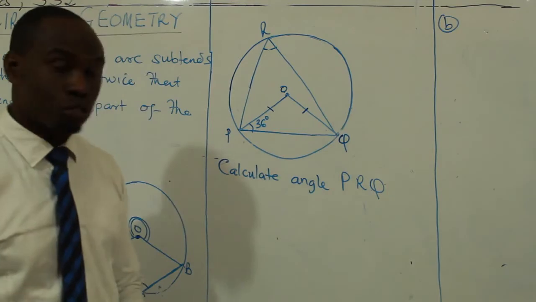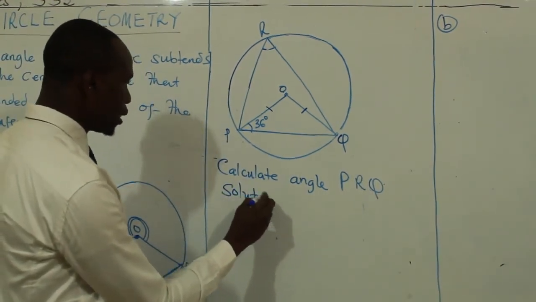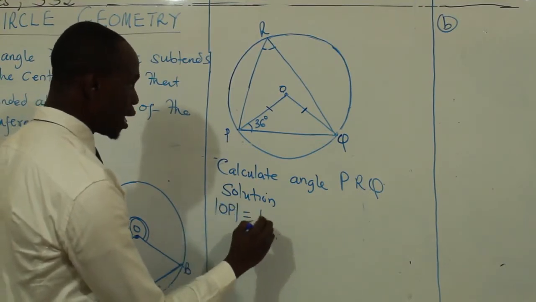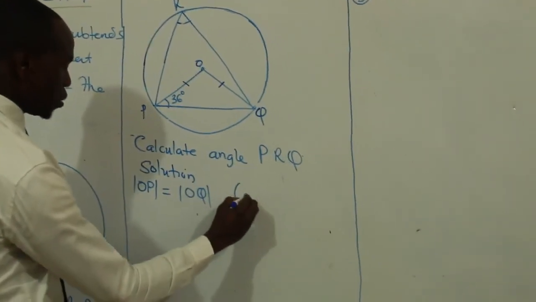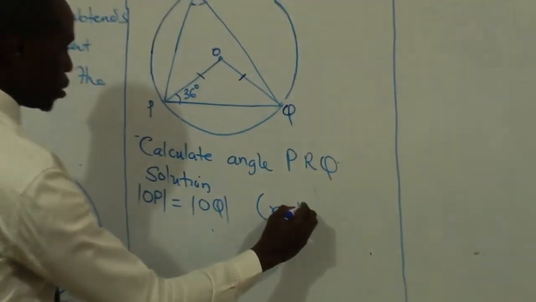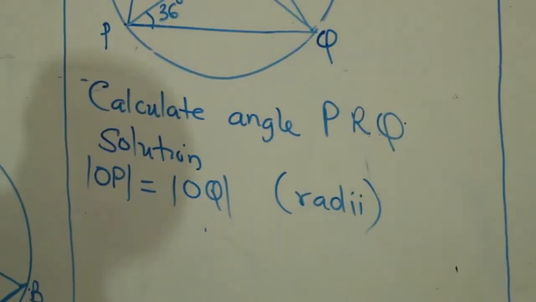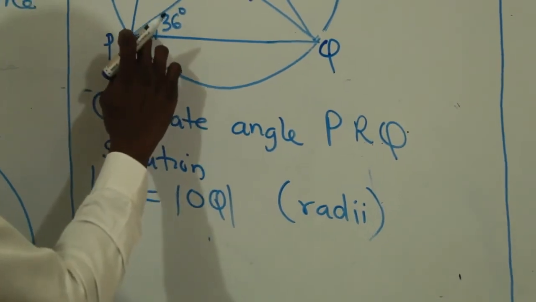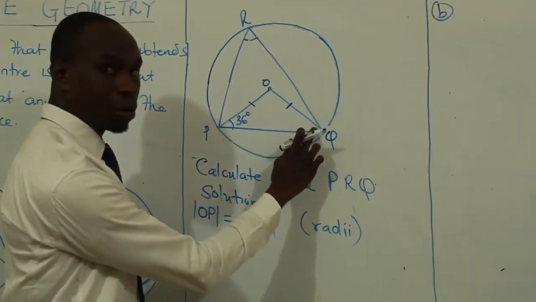So the first thing I have to write here is that line OP is equal to line OQ. The reason is because they are radii. And the property of that isosceles triangle is that this angle here is equal to this other angle.